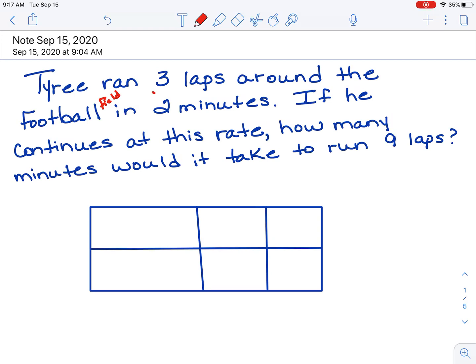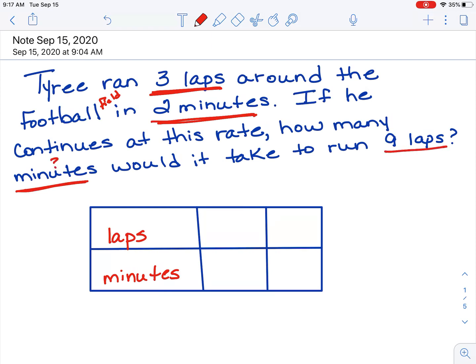Well, what's being compared is 3 laps in 2 minutes. So laps to minutes is what's being compared, because then I go on to read, if he continues at this rate, how many minutes, that's what I don't know, would it take to run 9 laps?